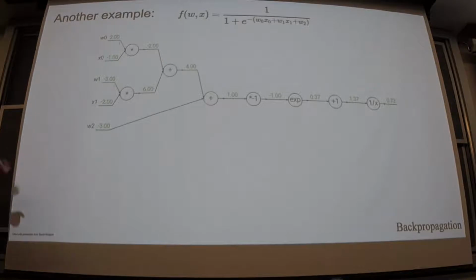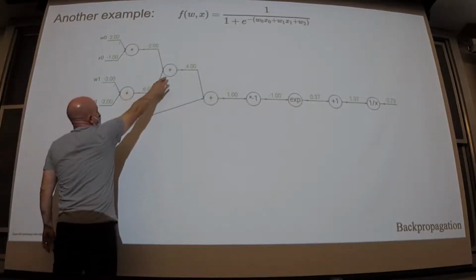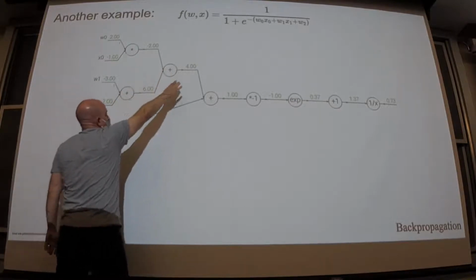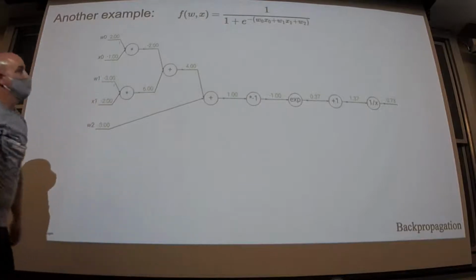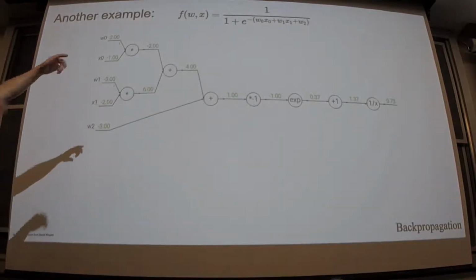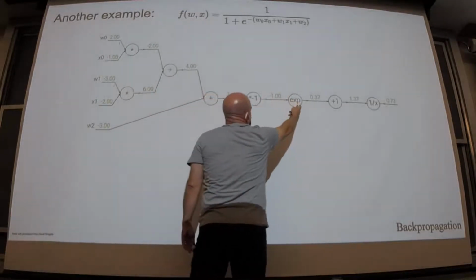And this w2 is going to be added to the sum of these things over here, right? So the next operation is just to add these two, and you get a 4. Then we add that and that, and we get a 1. Then we multiply that by minus 1, which gives us the exponent, so now we have minus 1, and we exponentiate.